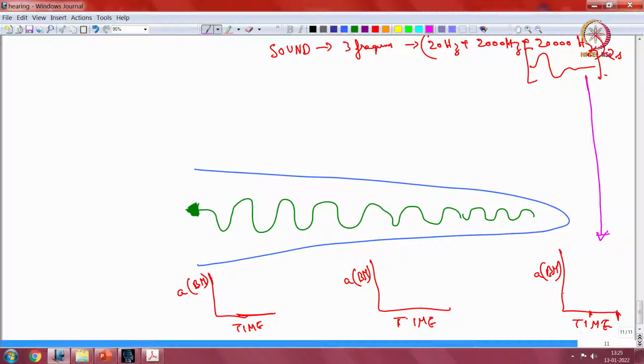So, for 20 hertz there is a spike, a 20 hertz spike and nothing else. The wave comes over here, there is a spike in the, I think the axis is wrong. I should have put frequency over here.